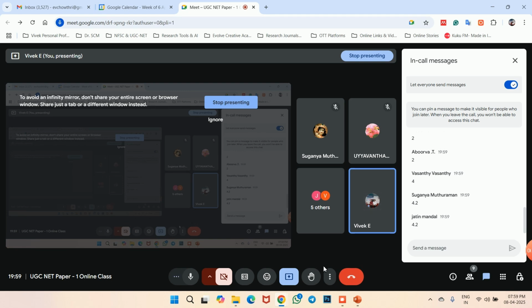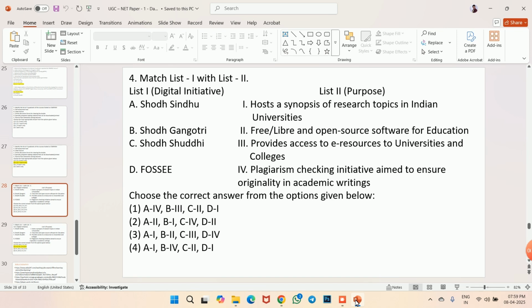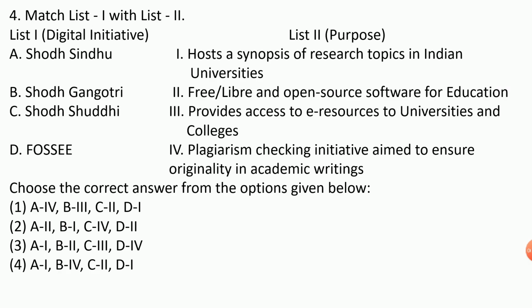Four. Vasni ma'am, you have answered either it is 4 or which one you are answering. You are saying option number 4. See, I am again showing it. For this, you please post the option number of the fourth question like that.